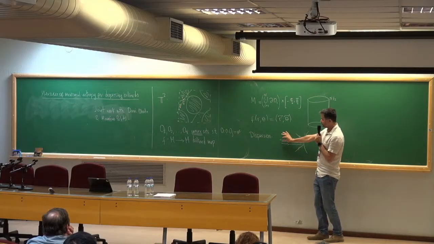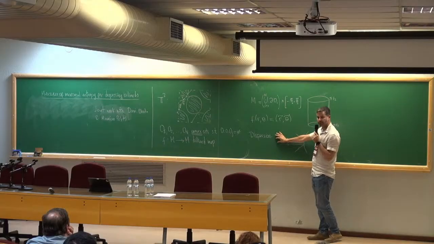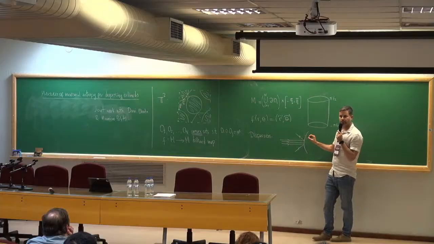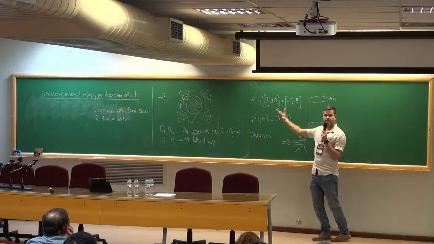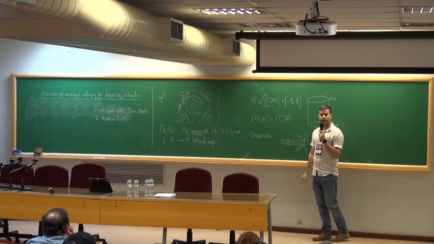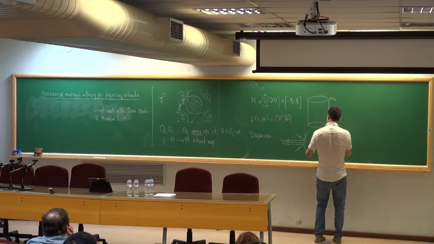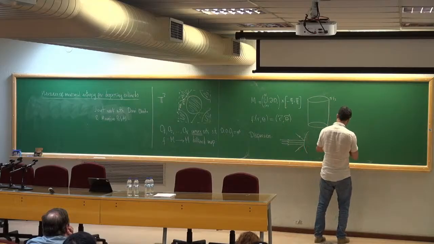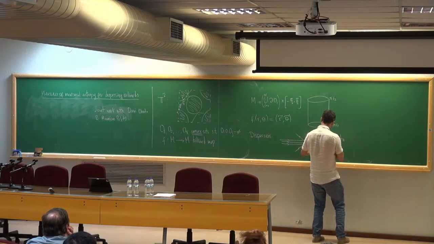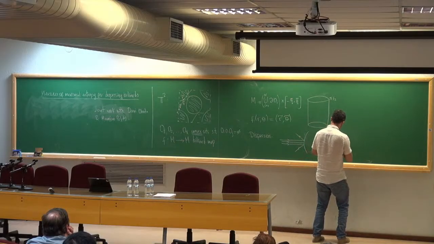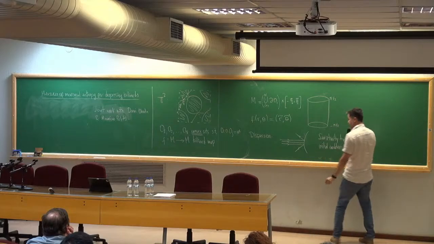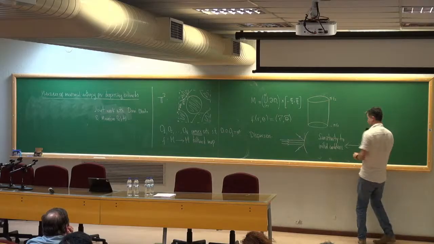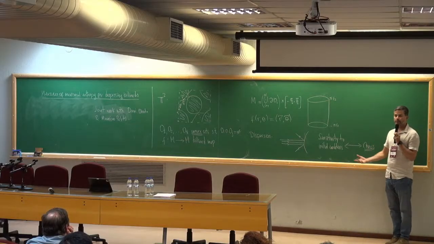Because even though you have two initial conditions that are very close together, after a single hit on the obstacle, they already get dispersed. And in the next iteration, they get even more dispersed and so on. So you have a very strong sensitivity to initial conditions.